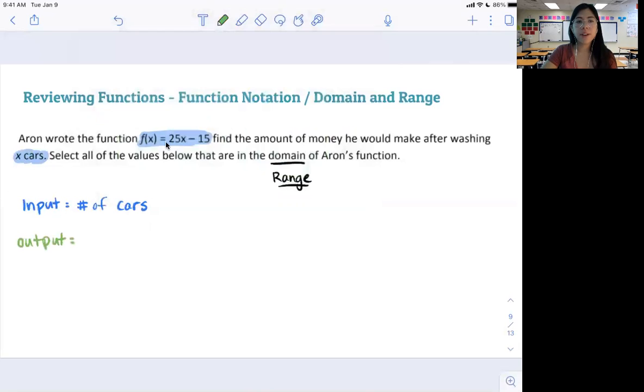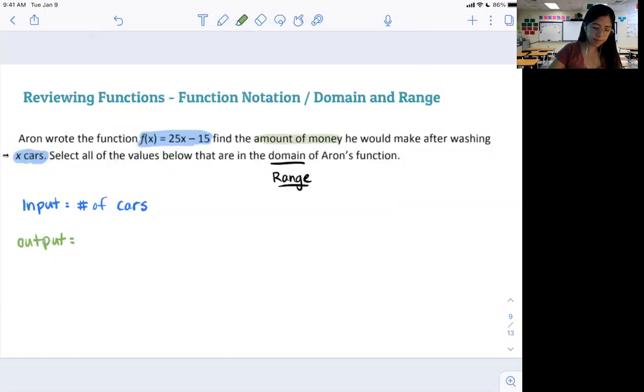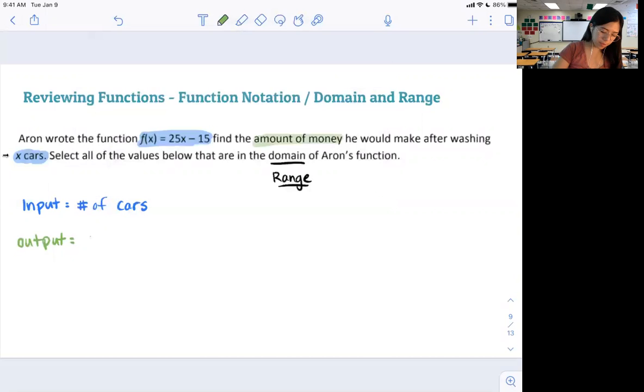What else is this function talking about? Number of cars and money, yeah. So x is how many cars he washes. And after he washes a car, what does he get? He gets money. So my output is money. Money earned.